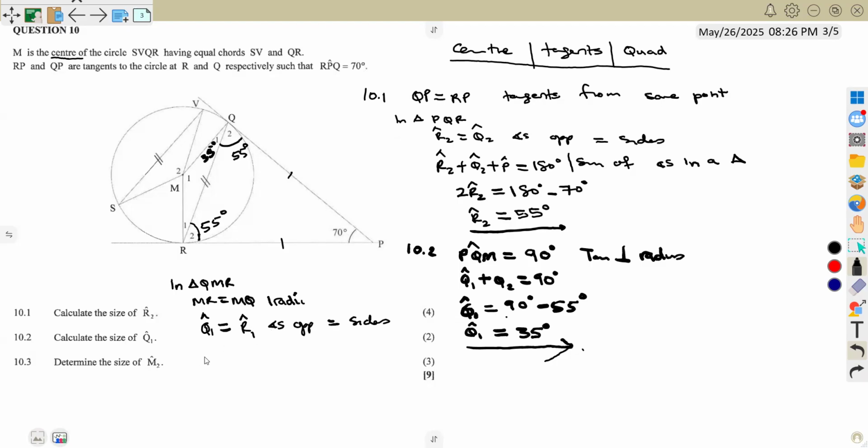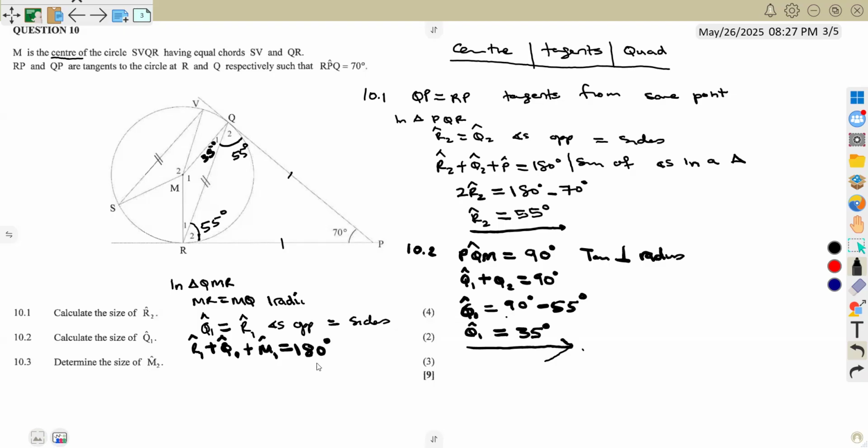Then from there, we can now say R1 plus Q1 plus the angle M1 must be equal to 180 degrees.